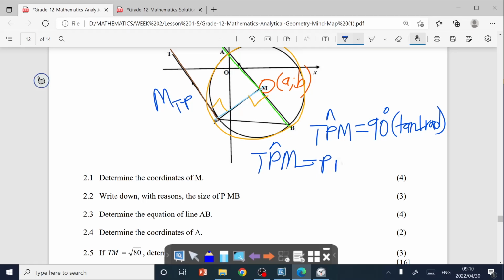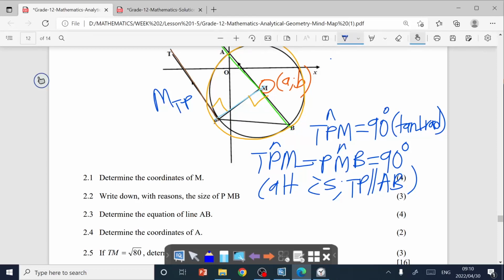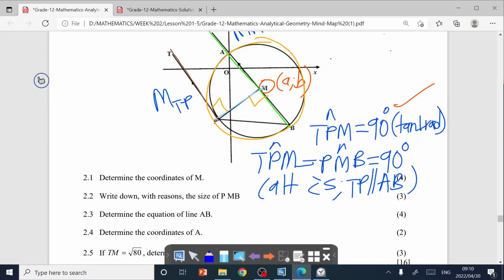PMB is equals to, the reason is alternate angles, therefore TP is parallel to. Very important. So it's 1, 2, 3.